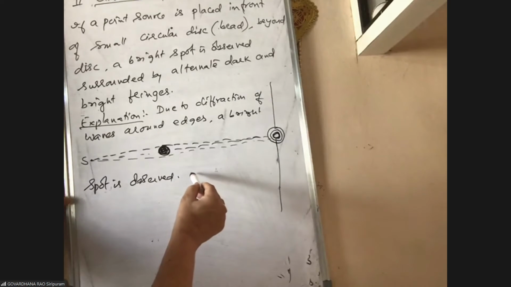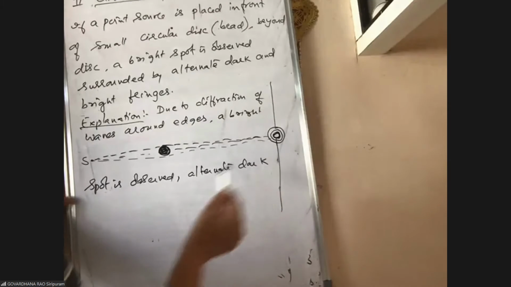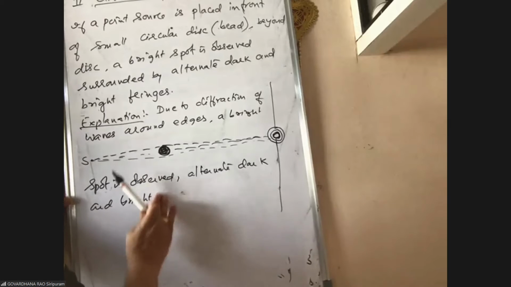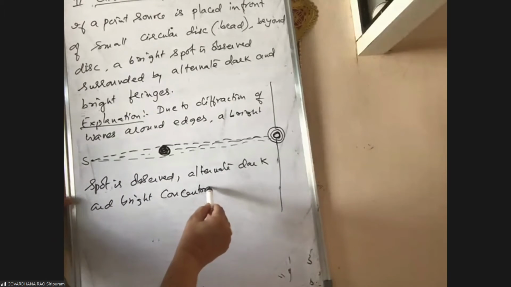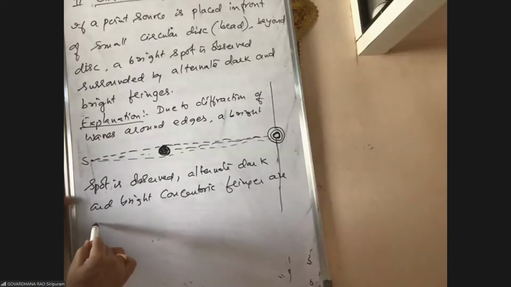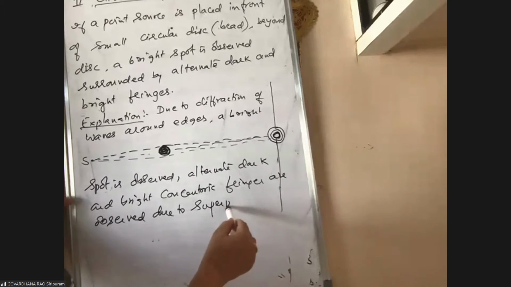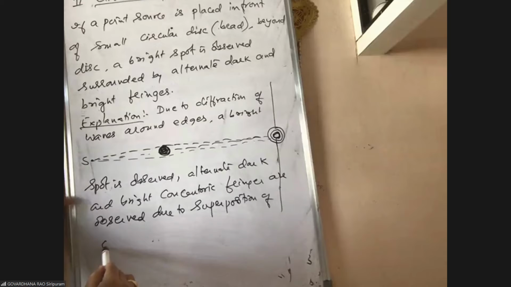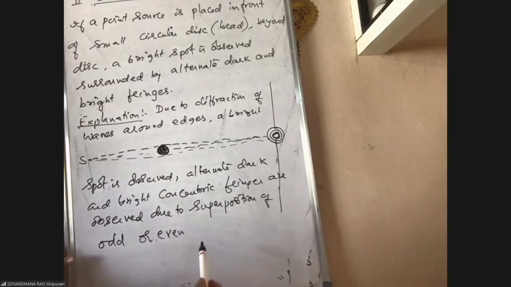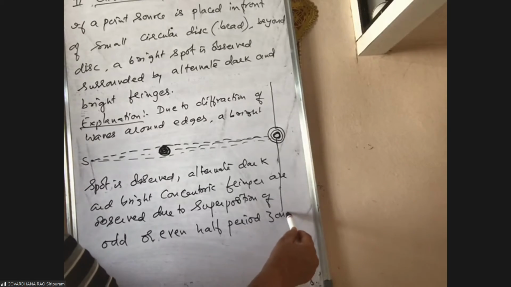And alternate dark and bright concentric fringes are observed due to superposition of odd or even half period zones.